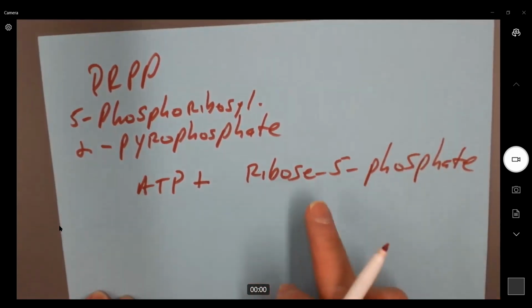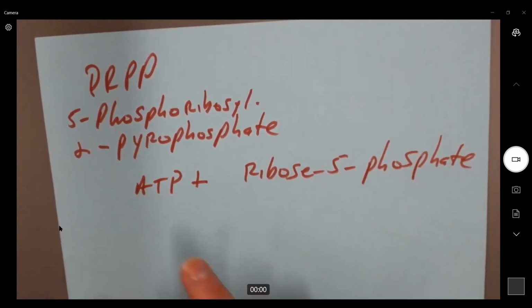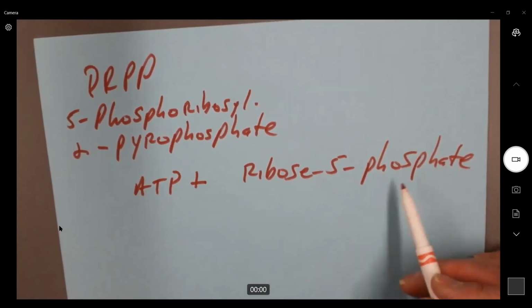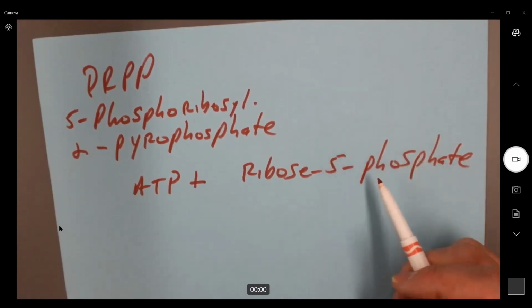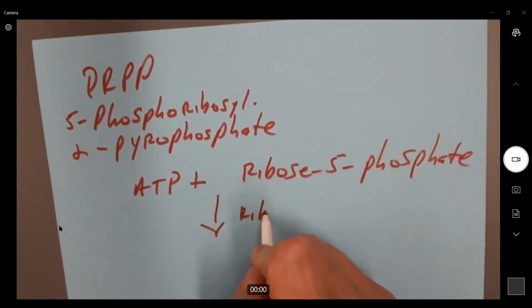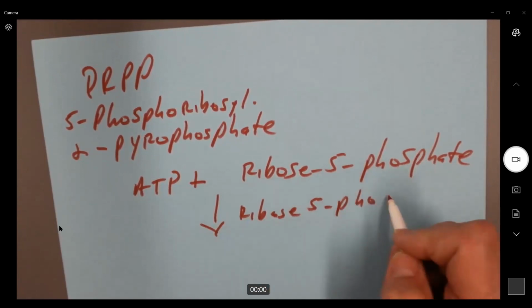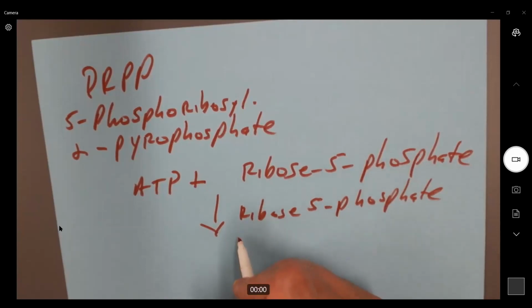So ATP and ribose 5-phosphate, that's going to essentially take the gamma and the beta phosphate of ATP, and it's going to transfer it to the number 1 carbon of this, and this enzyme is called ribose 5-phosphate pyrophosphokinase.